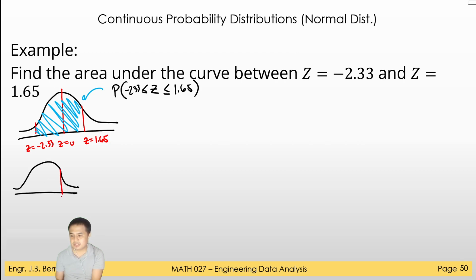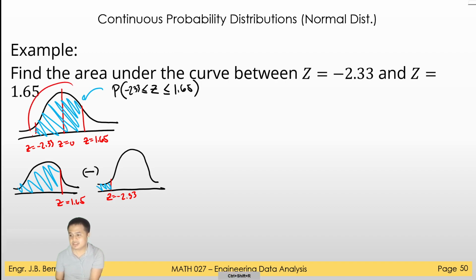So we can find the area for z equal to 1.65, and also this area for z equal to negative 2.33. So we can subtract these two areas to find the difference in between them.